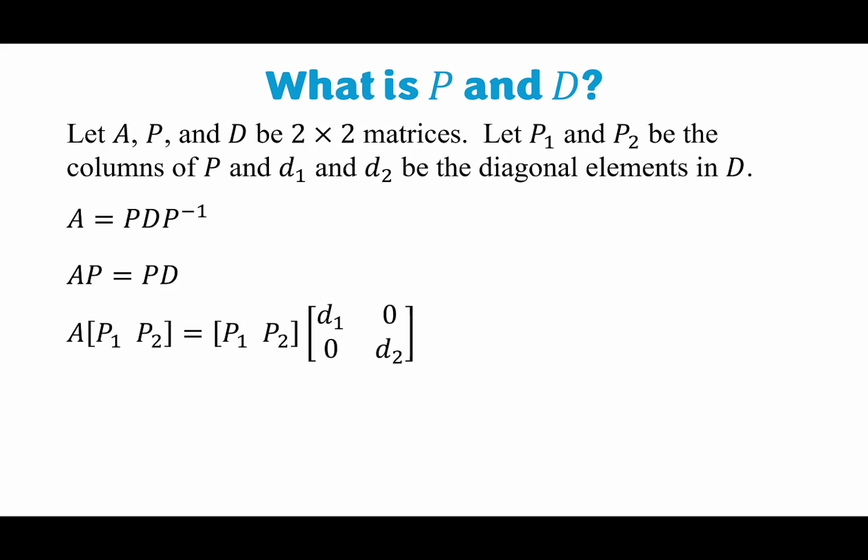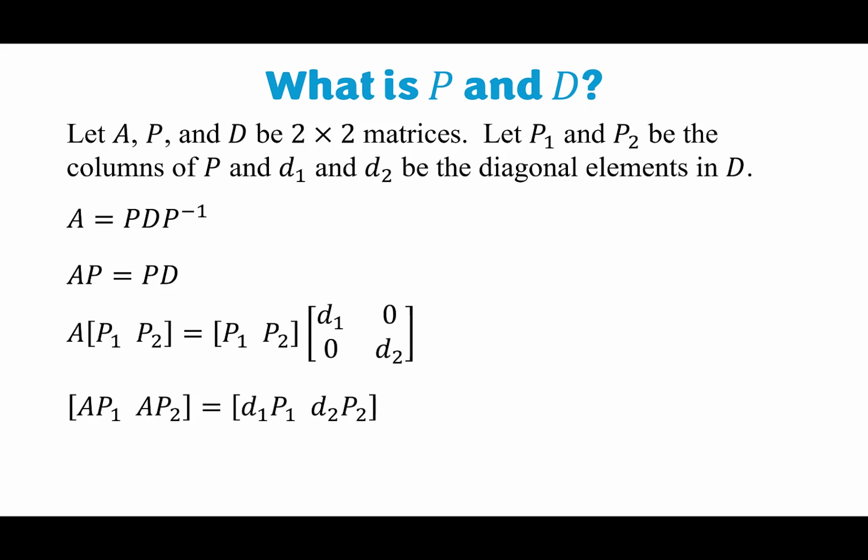So it'd be D1 P1 and D2 P2 as our new columns. So this is the simplified version of what I just said. We have the left side being AP1, AP2 equaling D1P1 and D2P2 as the new two columns of those matrices.